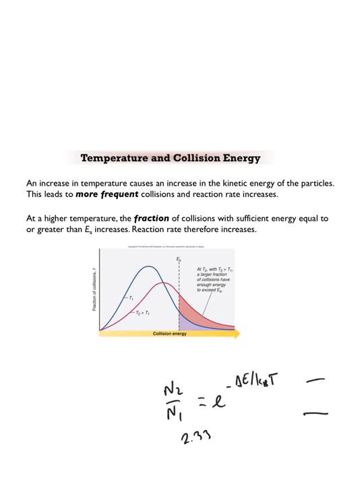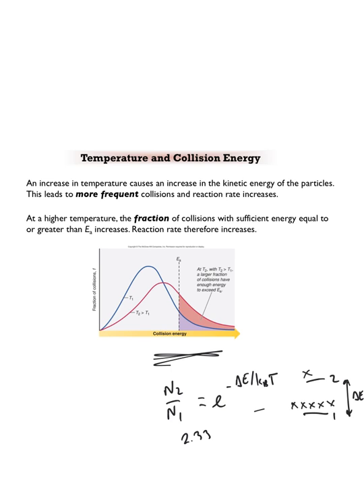That was an equation for figuring out the population of some higher energy state based on the difference in the energy. So you could figure out what fraction of the molecules are in the higher state using this fraction. This is actually related to this equation. Notice the form of the equation is really similar.